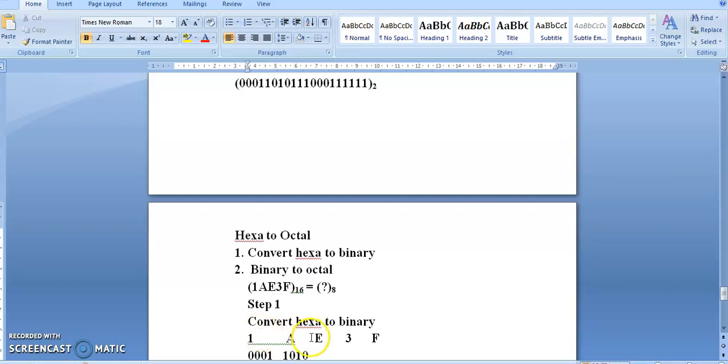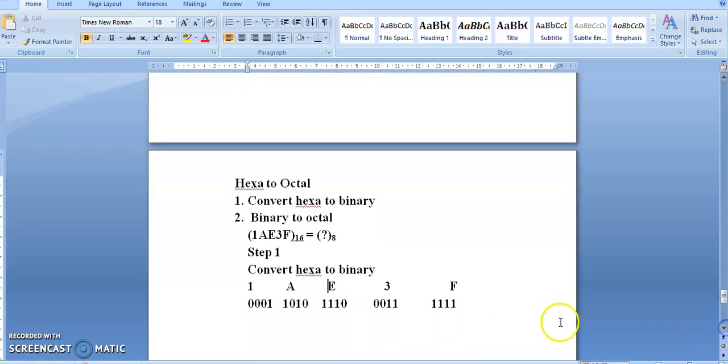E means 1110. 3 means 0011. F means all four ones. So it is the binary number: 0001, 1010, 1110, 0011, 1111. It is the base 2 value.